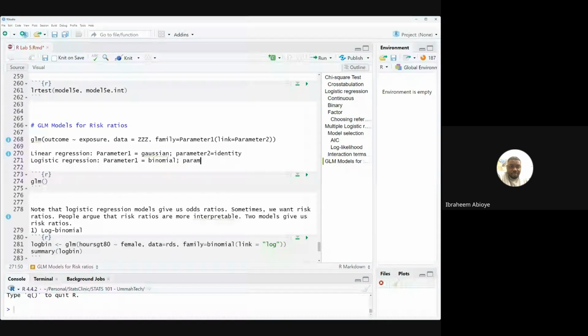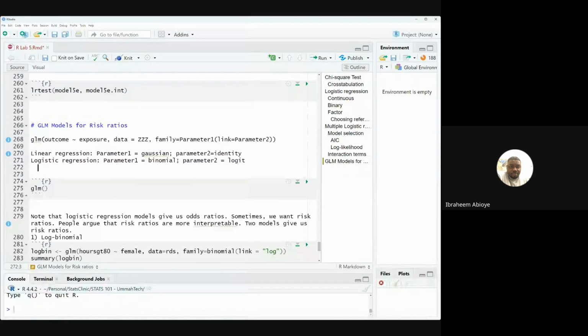Parameter 2 in logistic regression is logit. And logit here, remember I said that logit refers to probability, the logarithm of the odds.